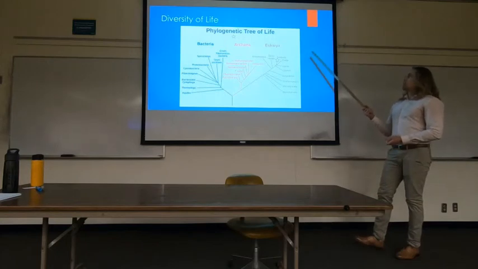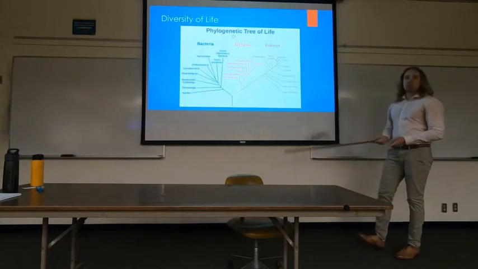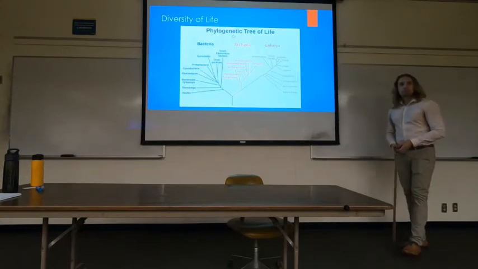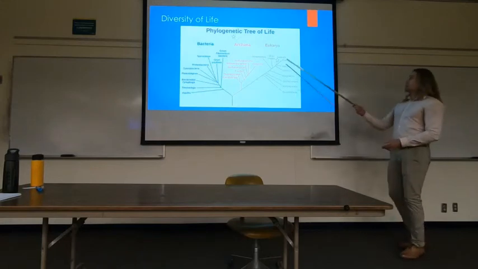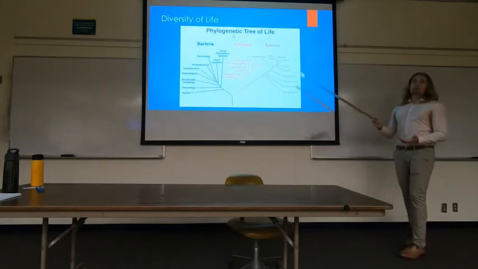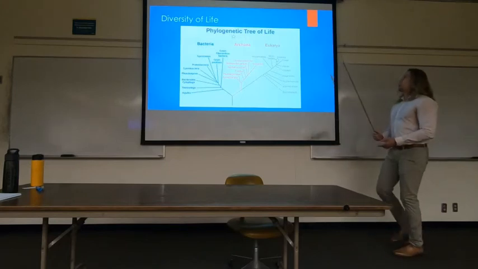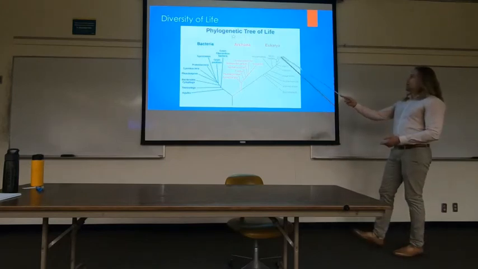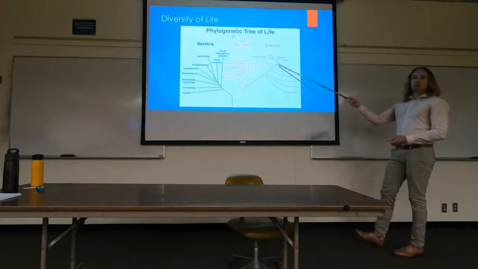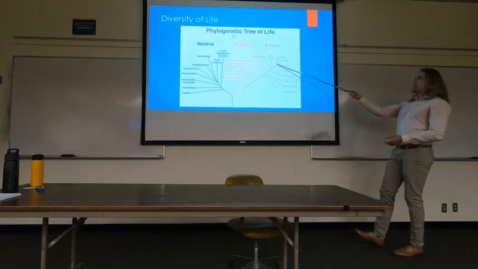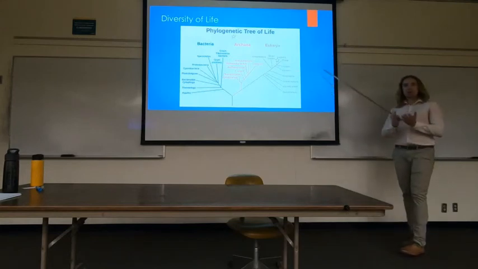sister taxa of the animals. You name one? What's a sister taxa? Plants. Yeah, plants, or in this case, fungi, because we're not really certain about exactly when they broke off. But a sister taxa is something that shares the last common ancestor on the tree. So they branch off directly from each other.